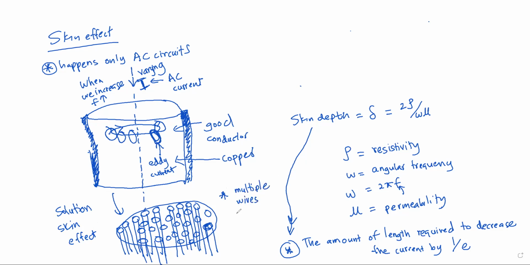Small cross-sectional areas are used to combine and conduct the current. So that is the solution for the skin effect.